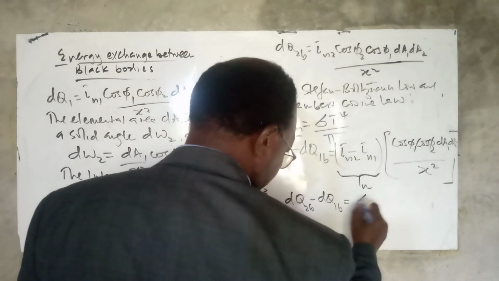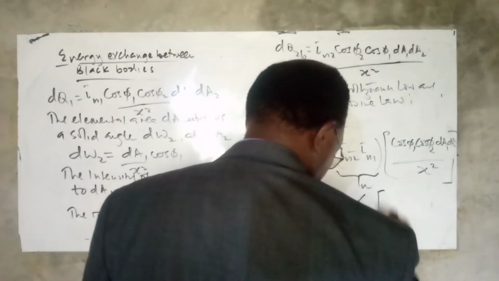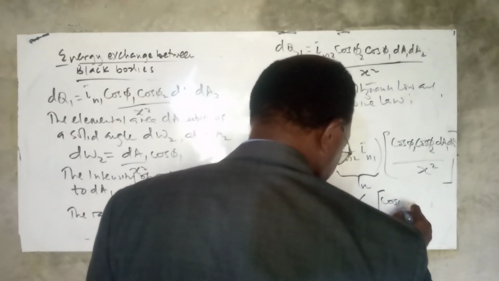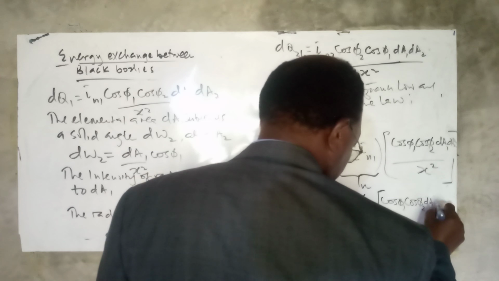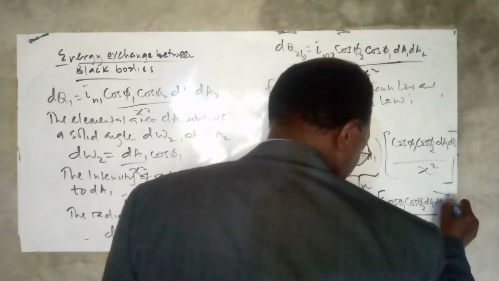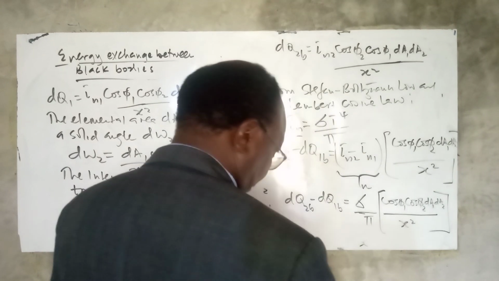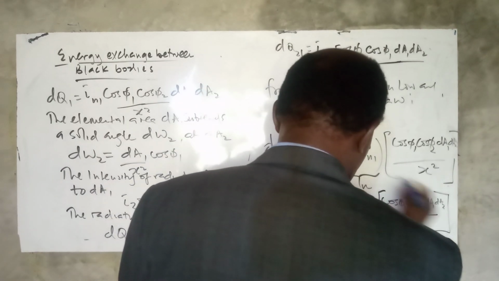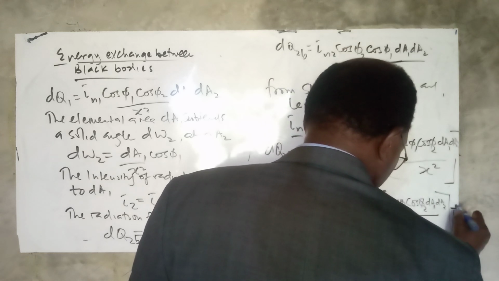Then dQ2b minus dQ1b will be equal to sigma over pi into cosine phi 1 cosine phi 2 dA1 dA2 over x squared into T2 to the power 4 minus T1 to the power 4.